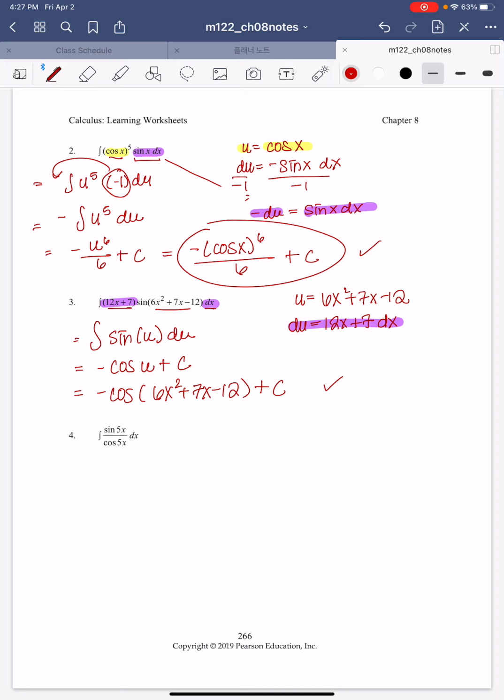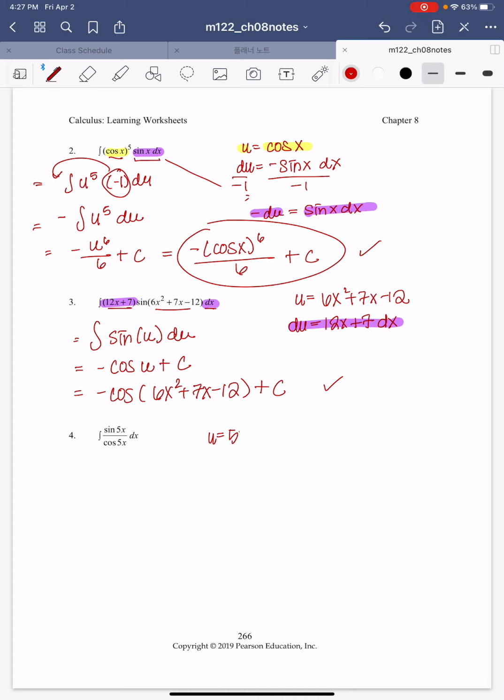All right. Next one, number 4. So I have a fraction, sine 5x over cosine 5x. Now, a couple of options to let u be. If I do 5x, now take a moment. Sometimes you have to try a couple times to get the right u.